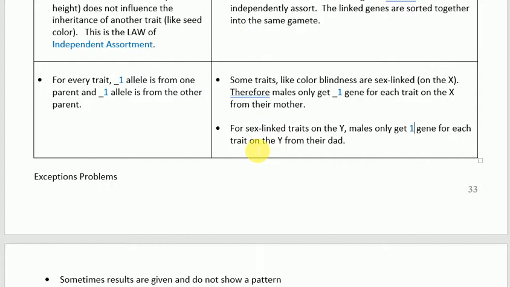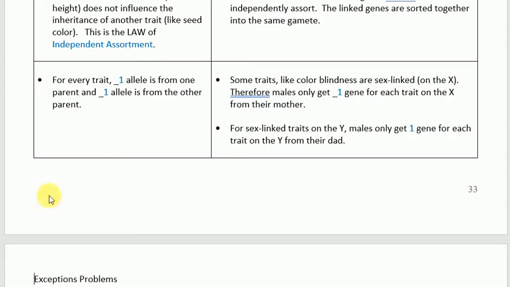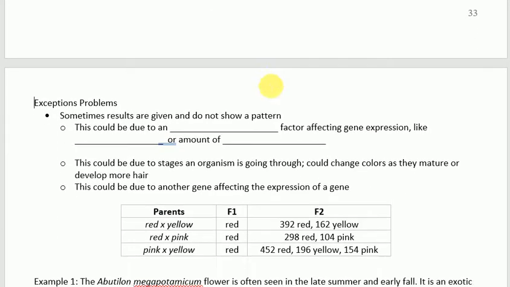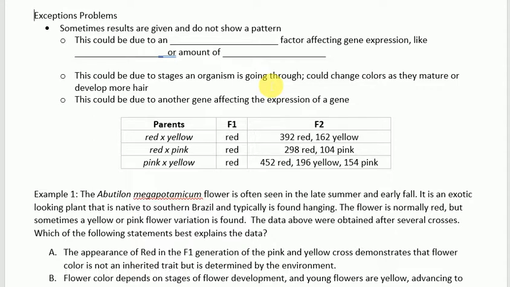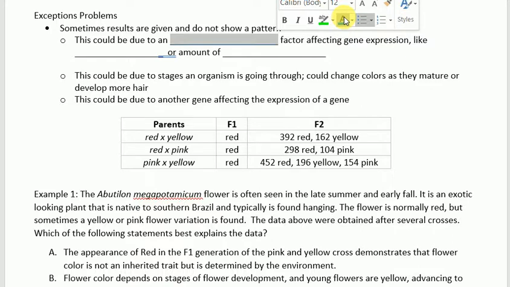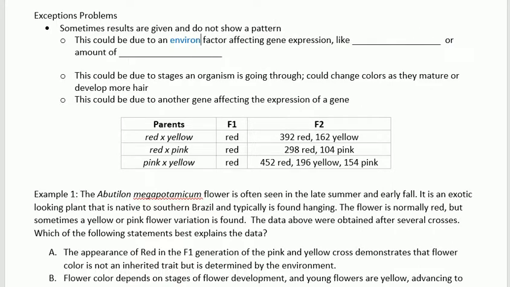Okay, we're going to go through a couple exceptions problems that you could see, and then we will be done for today. Sometimes results are given and they don't show a pattern. This can be due to what is called an environmental factor affecting gene expression.